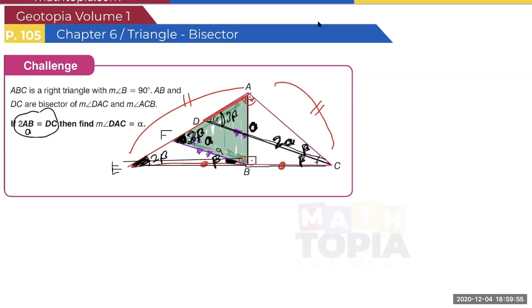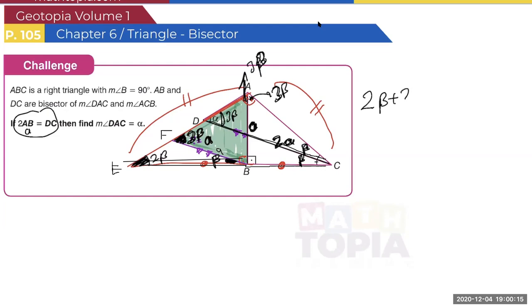Yeah. Then what about the other part? If this is 3 beta, then this guy is going to be 3 beta, and this is also 3 beta, which means that if we add up 3 beta and 2 beta, we get 5 beta, which is equal to 90, which means beta is equal to 18.